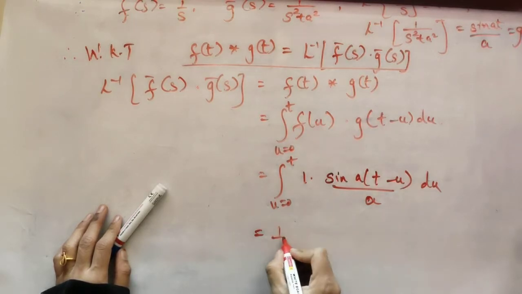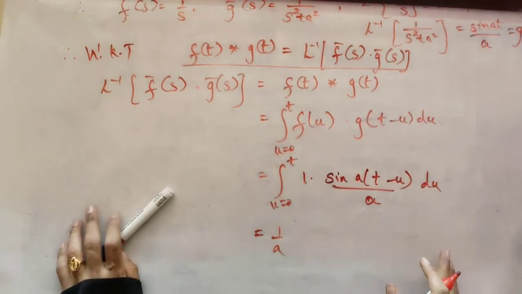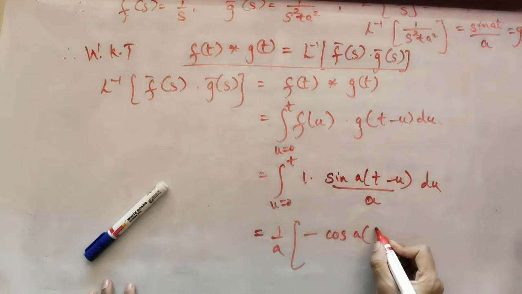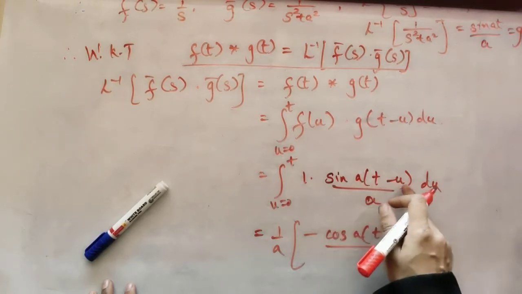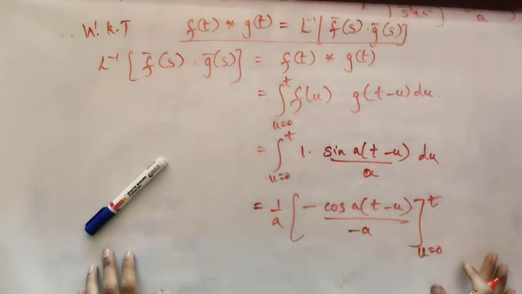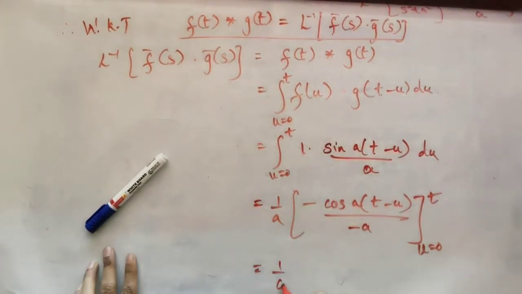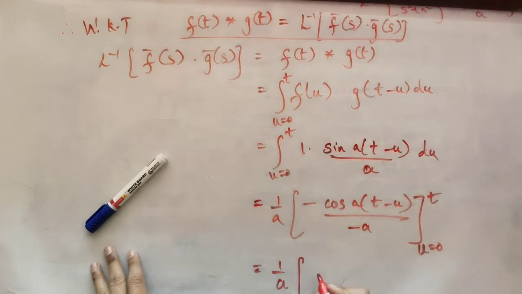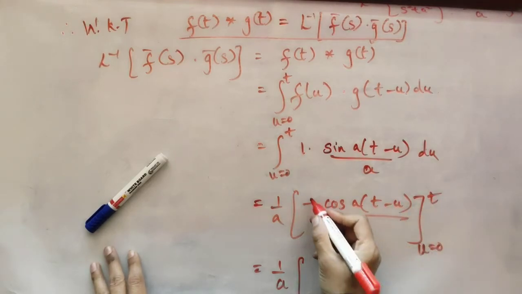Now you have to integrate this, 1 by a as it is, integration of sine. It is minus cos of a into t minus u divided by the coefficient of u, minus a, you will get here. With limits from u going from 0 to t. Now this is equal to 1 by a. When you put u as t, the minus sign will get cancelled.